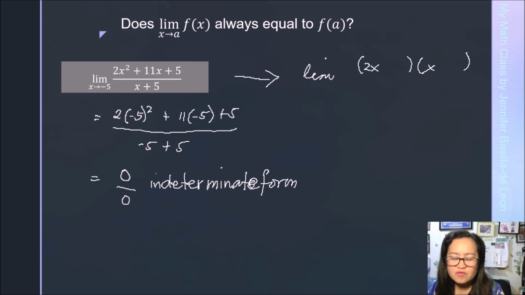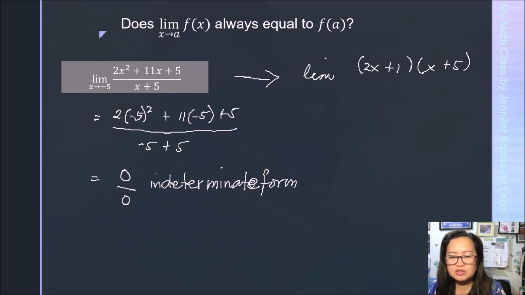Then 5, we have 1 and 5. But we need a middle term of 11x. So we place 5 here, then we place 1 here. Having checked this, 1 times x is x, 2x times 5 is 10x. Combining that, we have 11x, which is equal to the middle term.